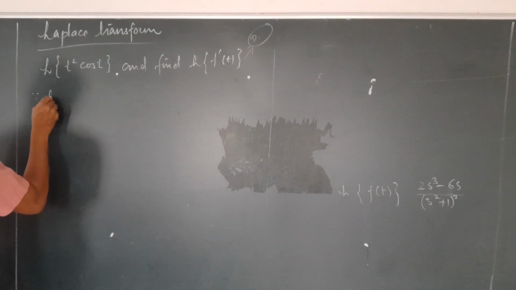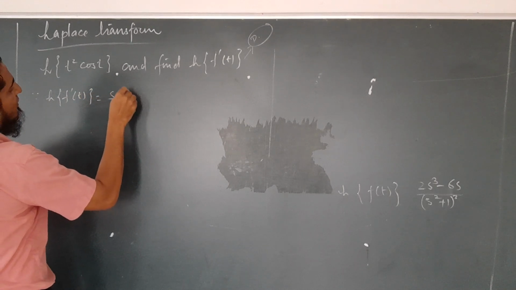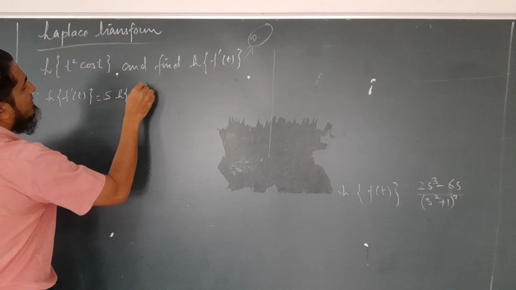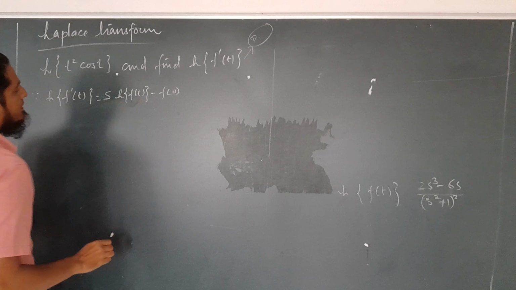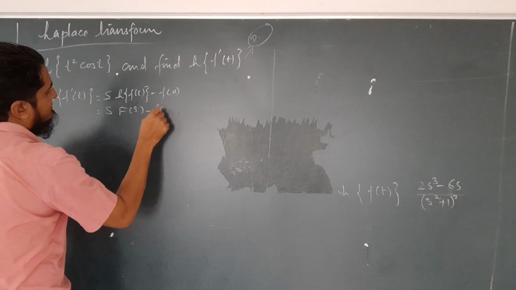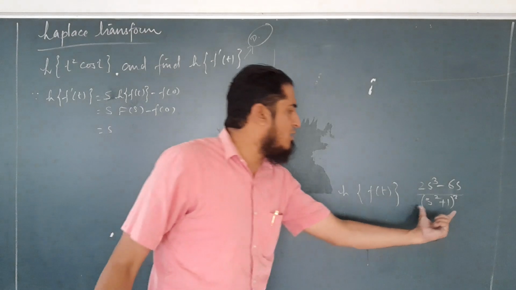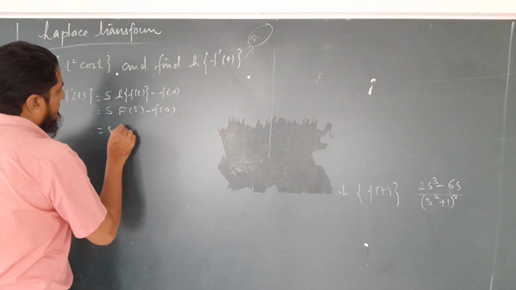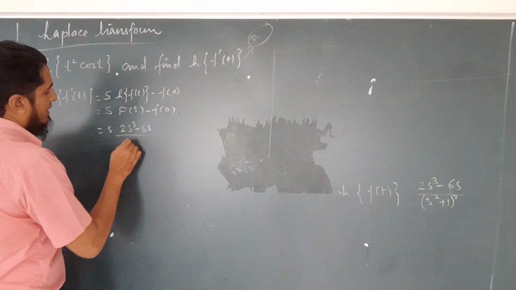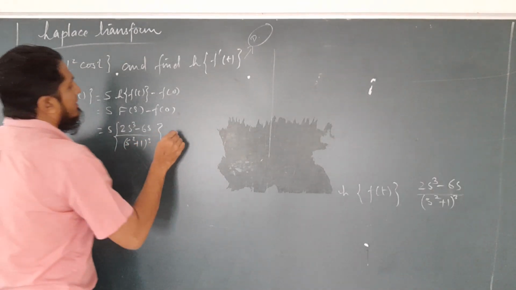Now since we know that Laplace transform of f dash of t is equal to s F of s minus f of 0, where F of s means the Laplace transform of f of t, we already have 2s cube minus 6s upon (s square plus 1) cube. We have this, and f of 0.